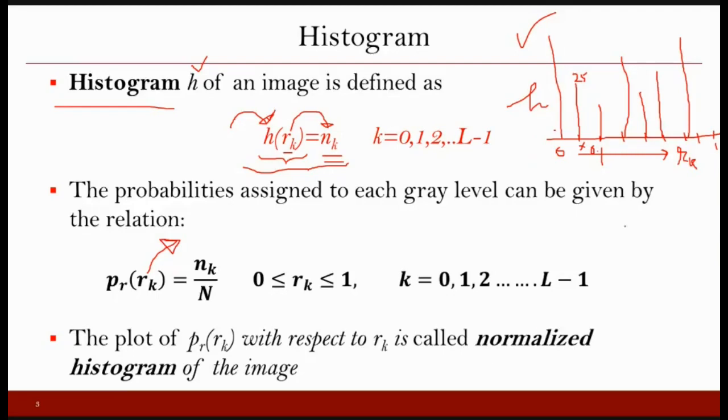If you plot rk versus the normalized values for all rk, you will get the normalized histogram. If you sum all the values of nk by n for all possible k's, the total sum is going to be 1.